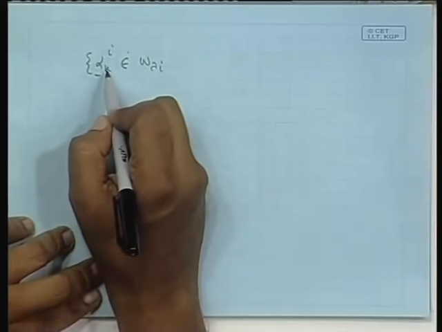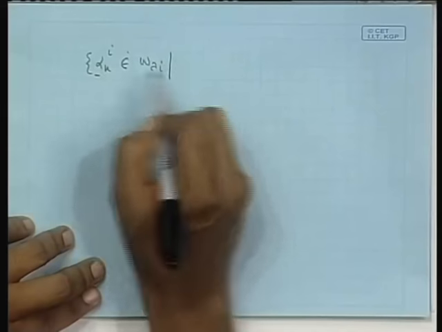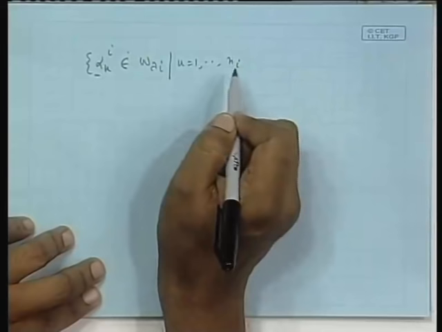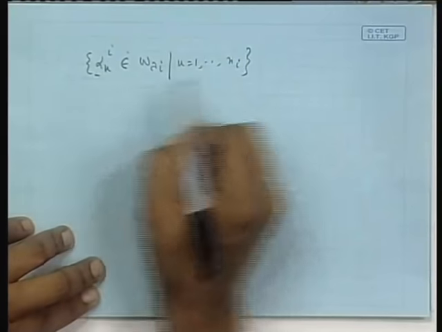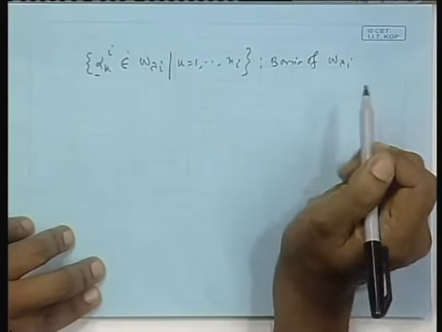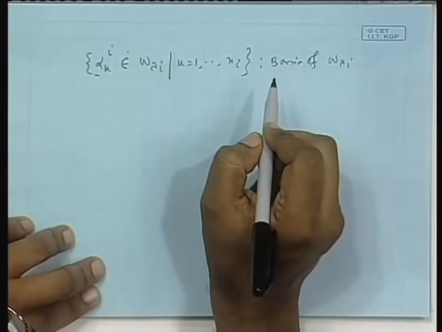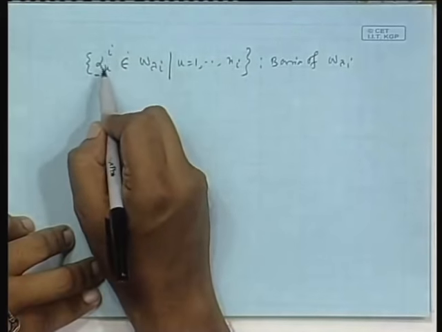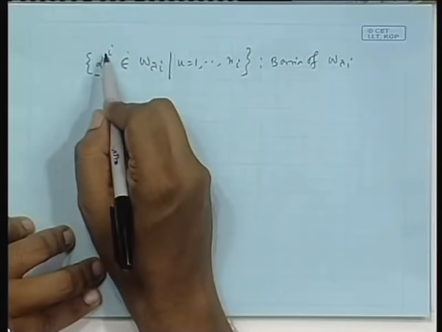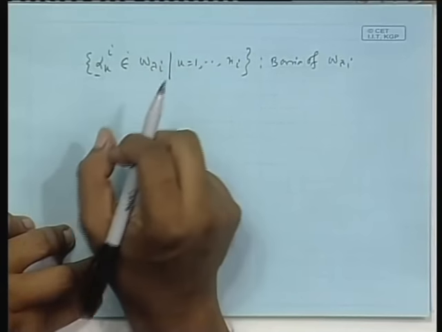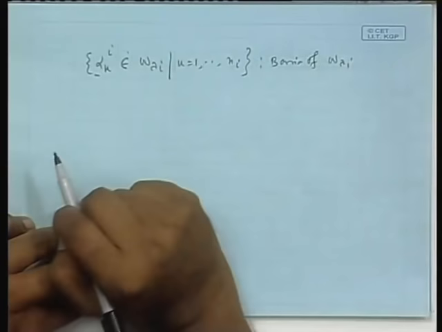If I pick up vectors from here, alpha i k, where k goes from 1 to n_i, n_i being the dimension of W lambda i, and if this is then a basis of W lambda i, W lambda i has dimension n_i, so there are n_i components here: alpha i 1, alpha i 2, alpha i 3, dot dot dot, alpha i n_i. They are linearly independent, they form a basis of W lambda i, so I am calling it a basis of W lambda i.